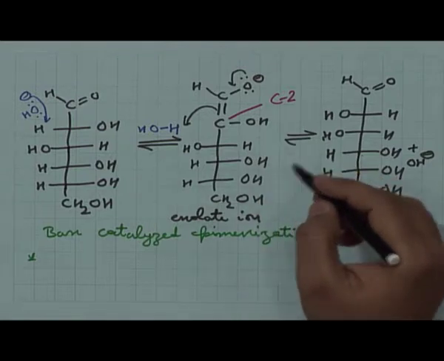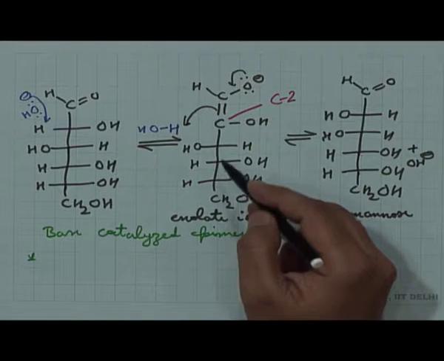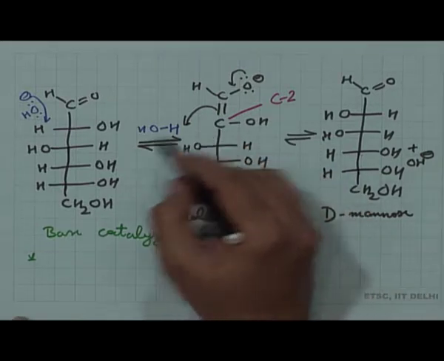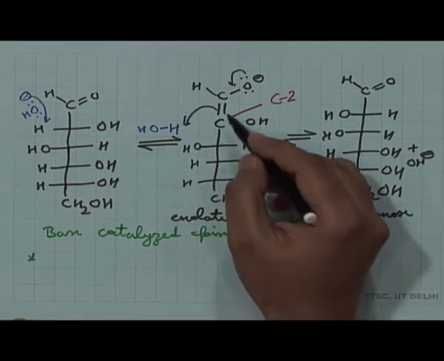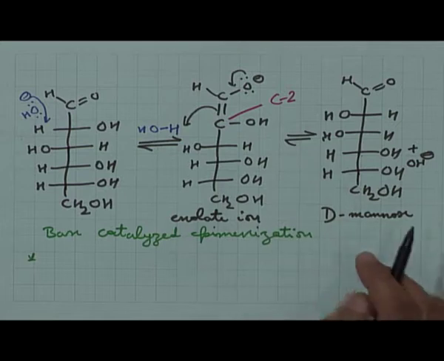Notice that C2 in the enolate ion is no longer an asymmetric center, because it has been converted from an sp3 to an sp2 hybridized center. So, it is no longer an asymmetric center.